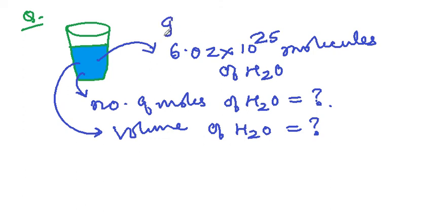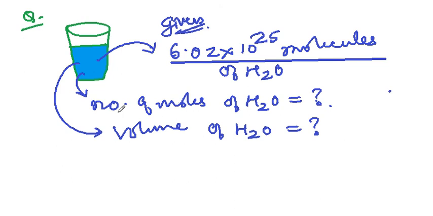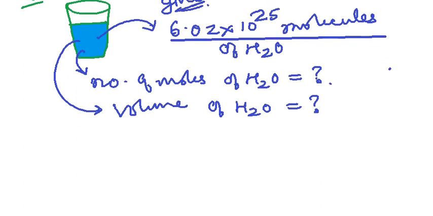So in the given glass of water, we have this many molecules of water. Now the question is, what is the number of moles of water that we are going to consume, or what is the volume of water that we are going to take? We don't need to worry about this.